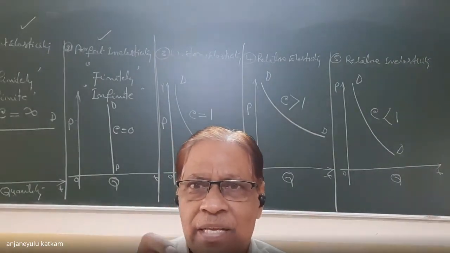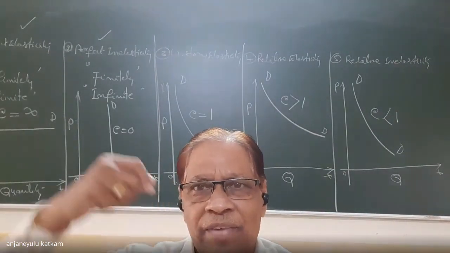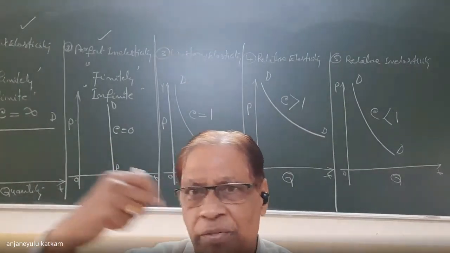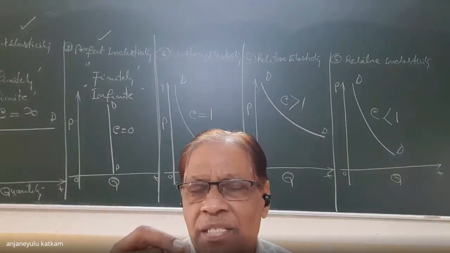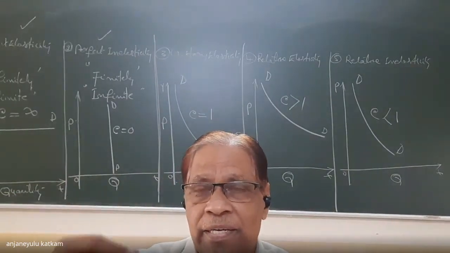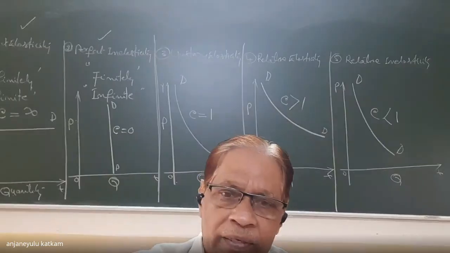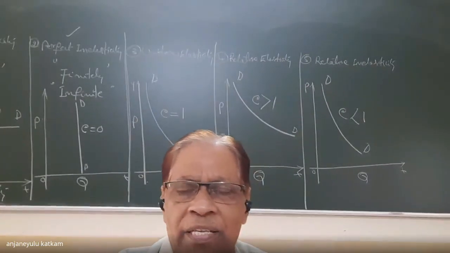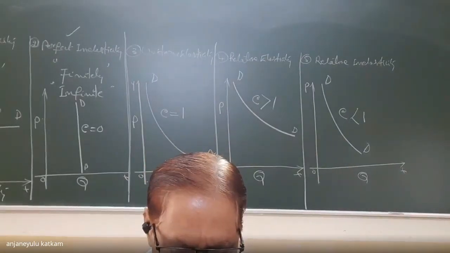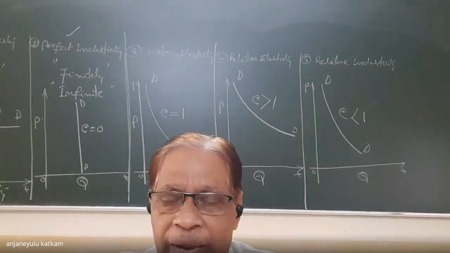Price elasticity is divided into all these 5. Income elasticity is also divided into these 5. Cross elasticity is also divided into the 5. So each type of elasticity, depending upon the degree of responsiveness, will have these 5 types. Okay? So this is about the types of elasticity of demand.